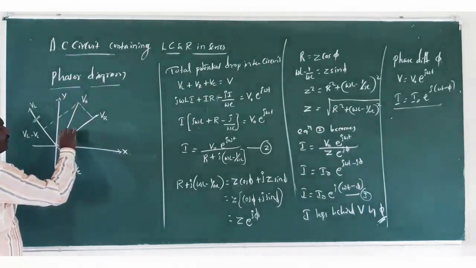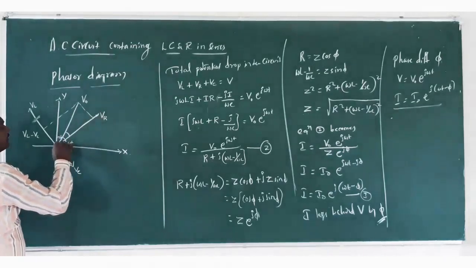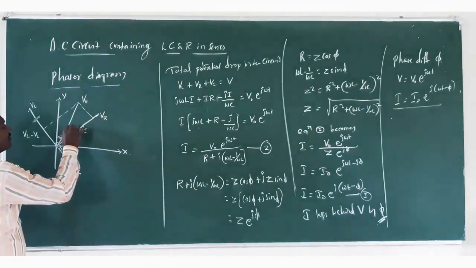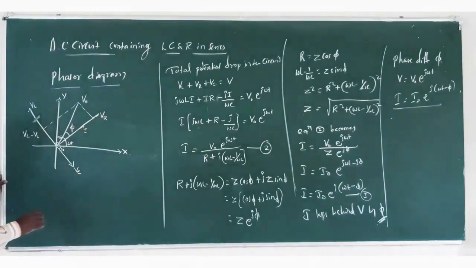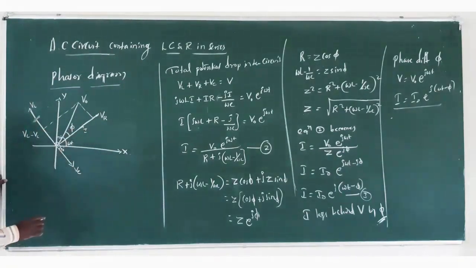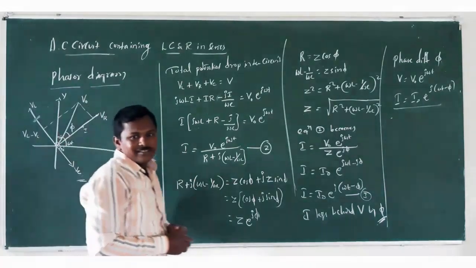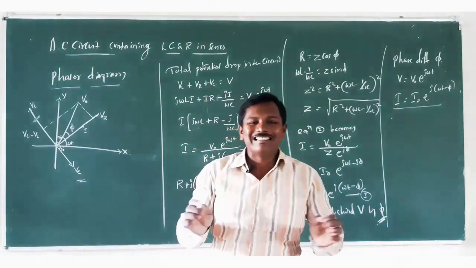The angle between the resultant voltage V naught and the voltage across the resistor can be represented by phi, and this represents that the current lags behind the voltage by phi. This is about the phasor diagram for an AC circuit containing inductor, capacitor and resistor.